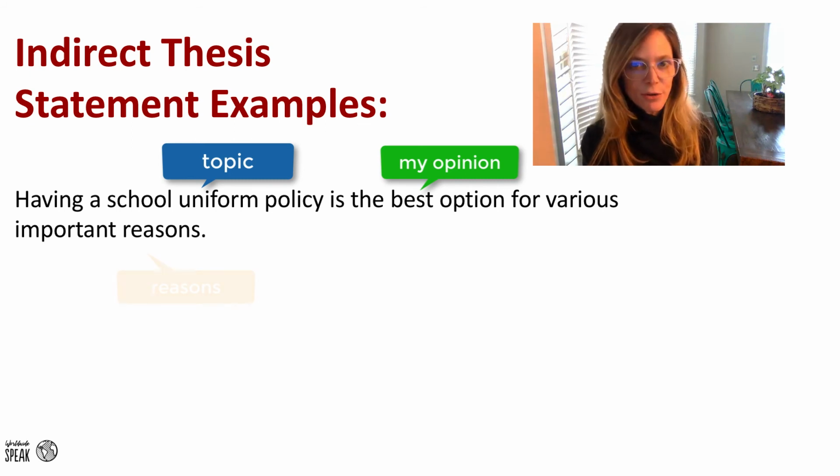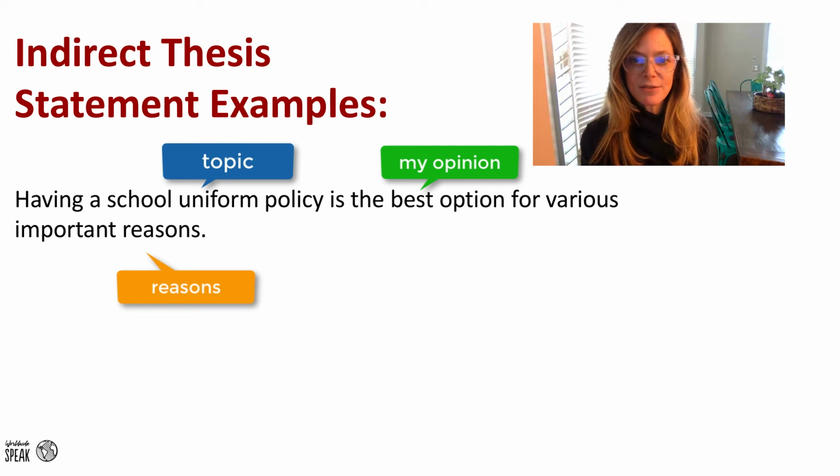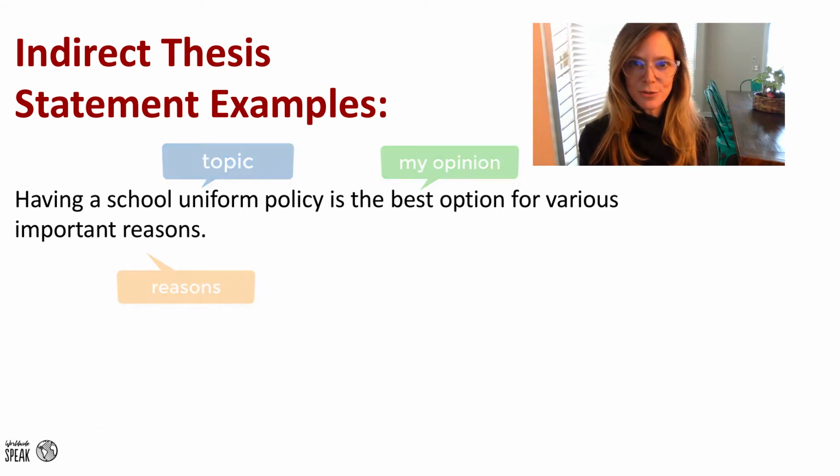And then there are the reasons. And I say for various important reasons, but I don't tell you what they are. This is why it's indirect, like the muddy waters. It's the mystery. The reader needs to read on in your essay to figure out how you're going to support this argument or this point of view.